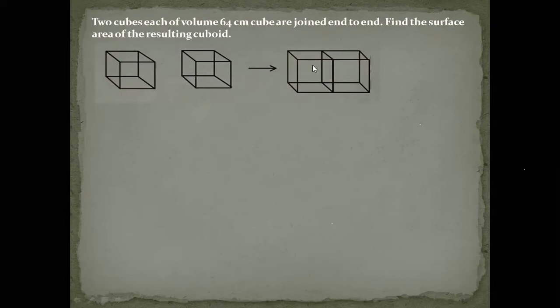Now this one is a cuboid, so the length, breadth and height are different. First the volume is given, and we get a resultant cuboid. So to find the surface area of a cuboid, we should know the formulas of each.